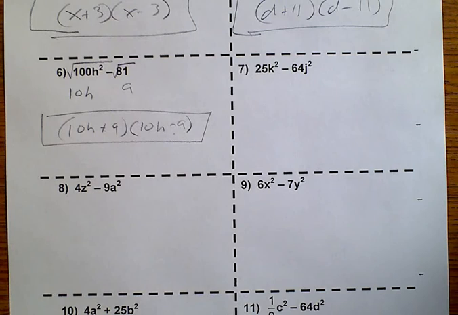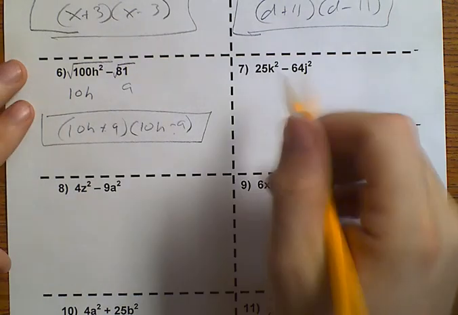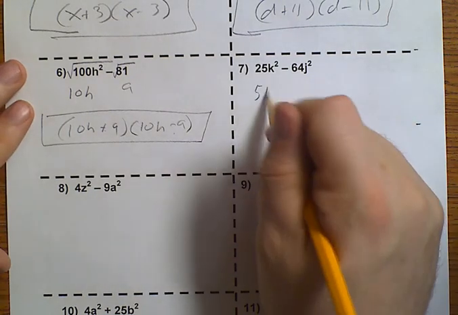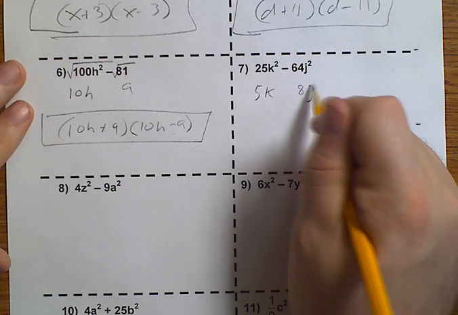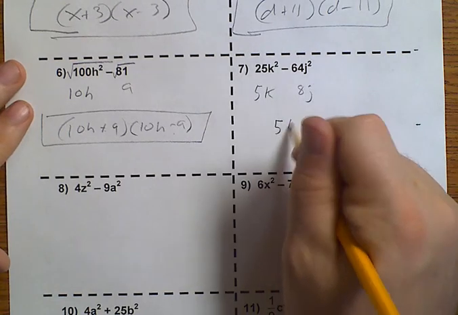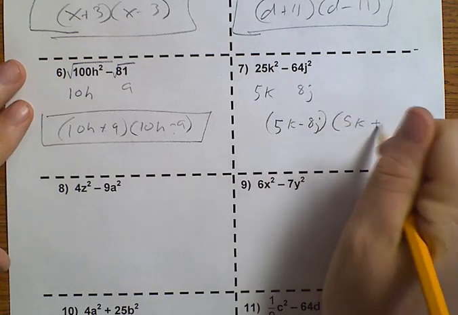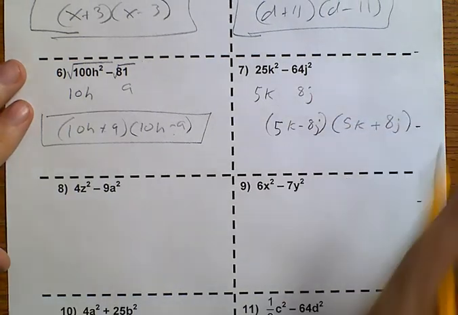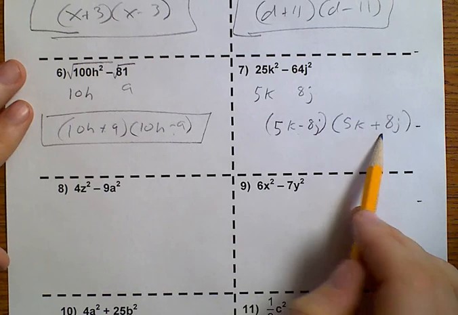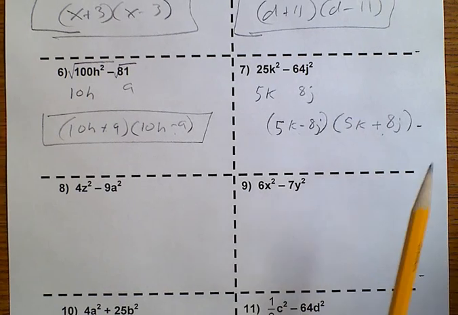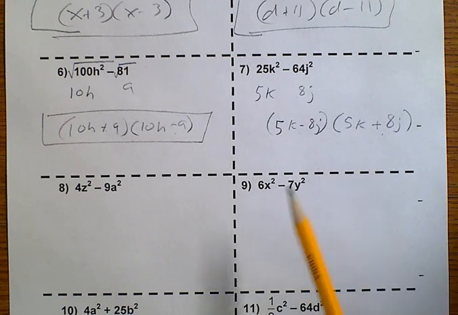Let's go ahead and jump to number 7. That would be 5k and 8j. So looking at 5k minus 8j and 5k plus 8j. Again, this could be plus and that could be minus. It really doesn't matter. Just whatever fancies your mood.